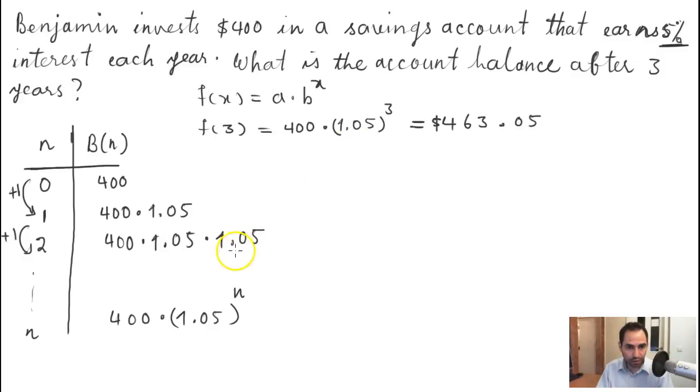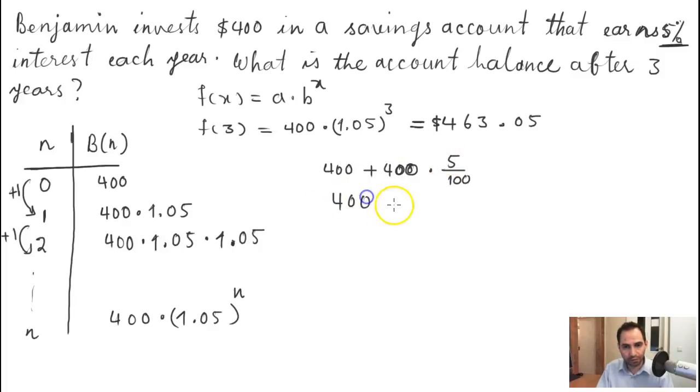But here the only important thing to understand is that when you have $400 and you want to increase it by 5%, this is the same thing as 400 plus 400 times 5%. That means I'm adding 5% of $400 to $400.